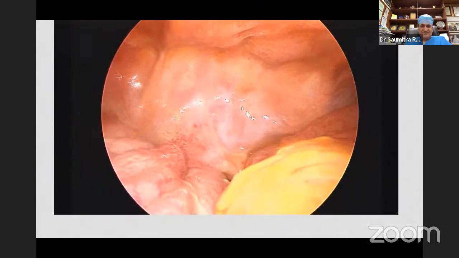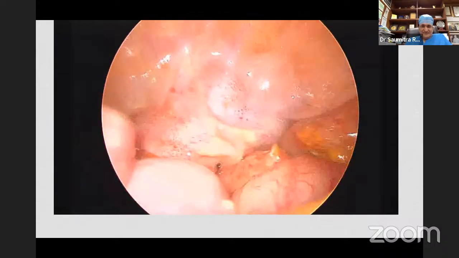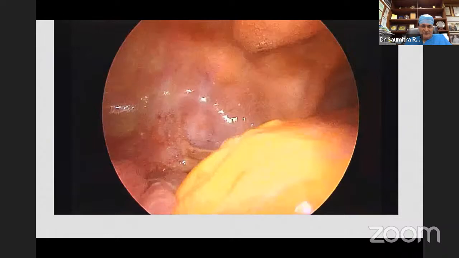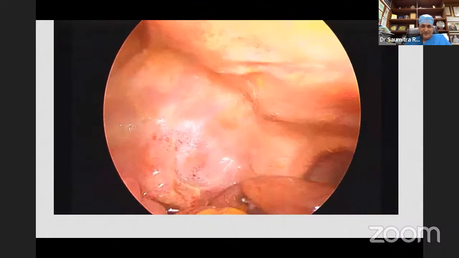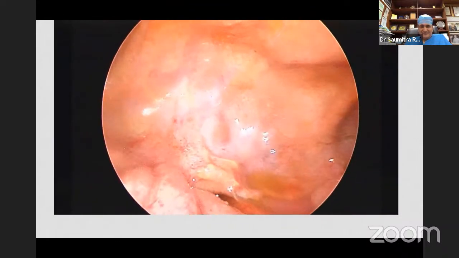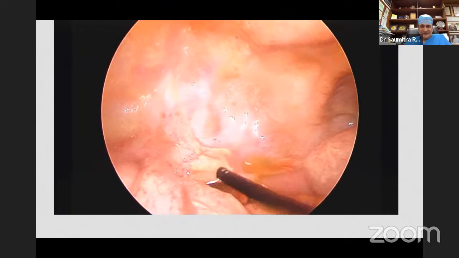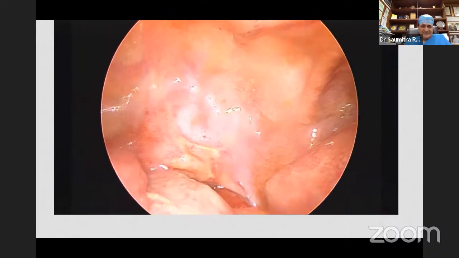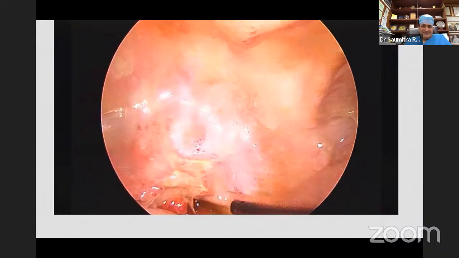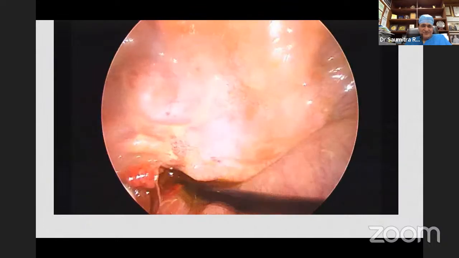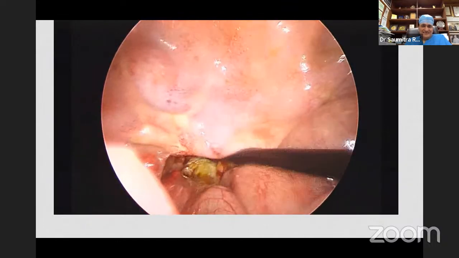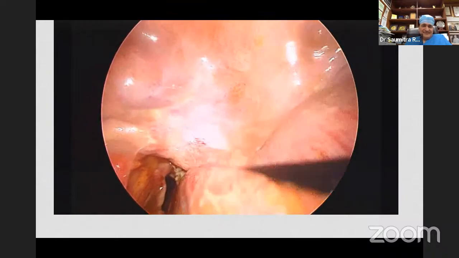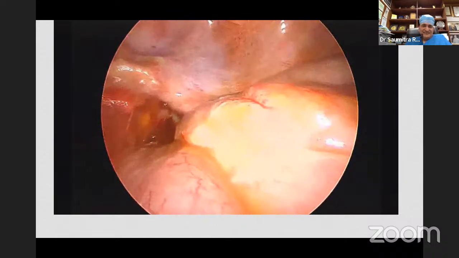It's just a 2-3 minute video, trying to separate the small bowel so as to look into the pelvis, and looking into where the collection is, trying to push the bladder slightly higher up. That is where the leak was seen. It is an anterolateral leak, less than 25% of the anastomosis.